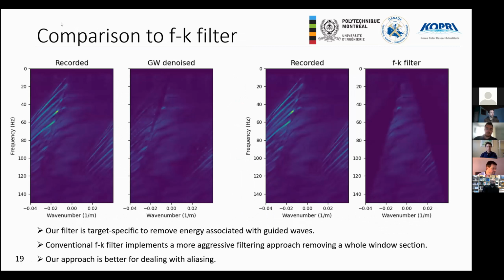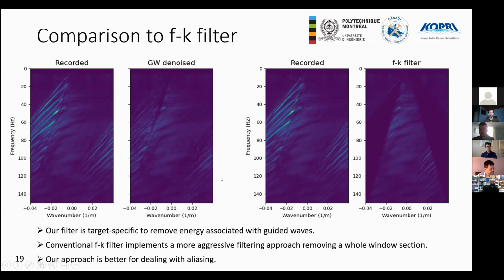If we compare with the conventional FK filter, the first thing that we observe is that our filter is target specific. So we remove just what we want to remove, while the FK filter is very aggressive. With the FK filter, we are removing the whole pipe of information.